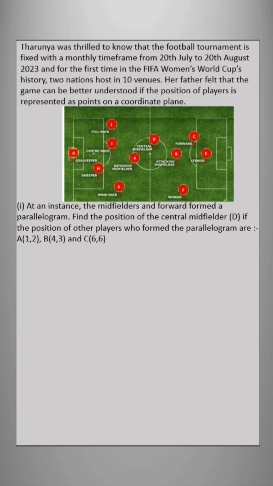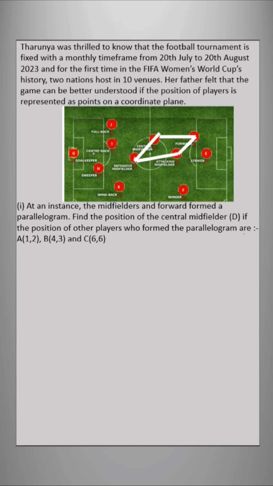Now let us solve the first one. At the instance, midfielders and forward form a parallelogram like this. Let us join the points. This forms a parallelogram. Find the position of central midfielder.